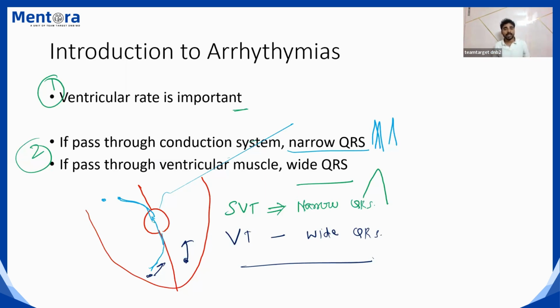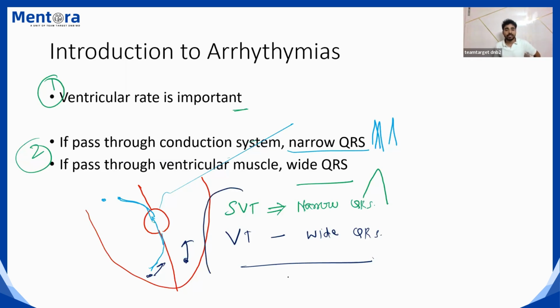But if the impulse is generated in the ventricle itself, like the right ventricle or left ventricle, it will depolarize the ventricle very slowly because its conduction is very slow. You will have a wide QRS. So in technical clinical terms, all supraventricular tachyarrhythmias have a narrow QRS, and all ventricular tachyarrhythmias have a wide QRS.